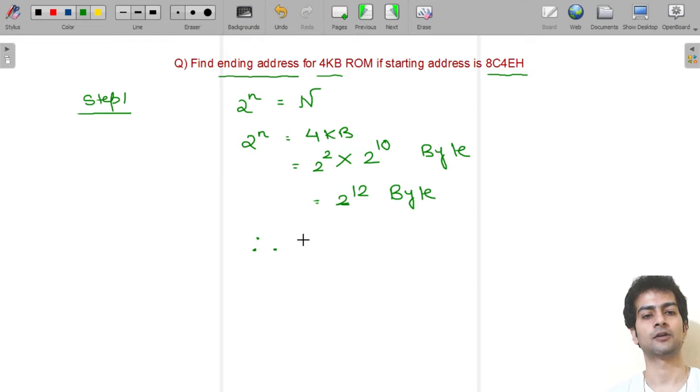Therefore, n, the number of address lines, is 12.